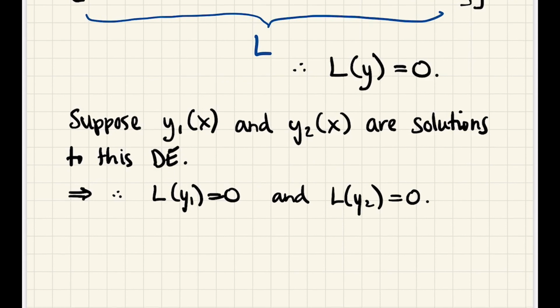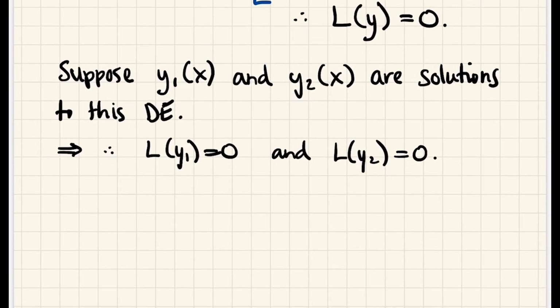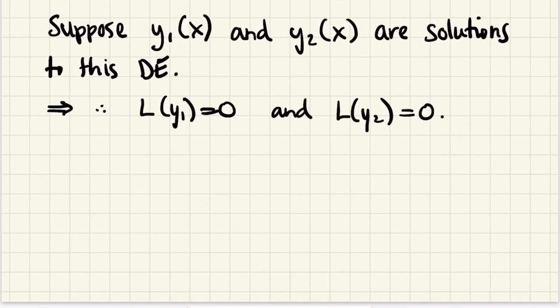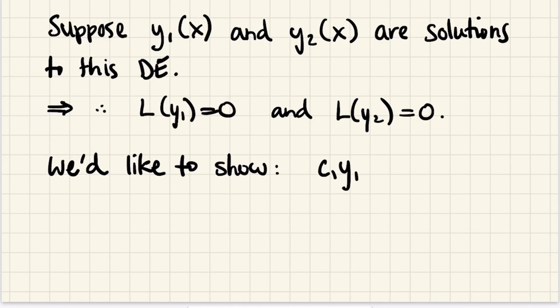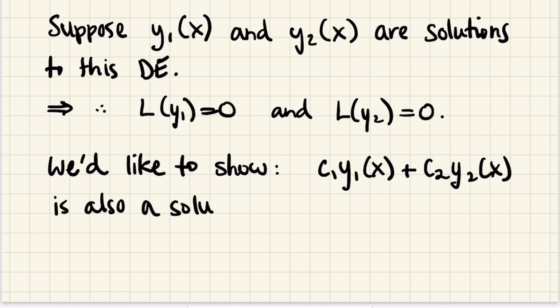Now what we'd like to show is that because we know y1 and y2 are solutions, any linear combination of y1 and y2 will also be a solution. So we'd like to show that c1 y1 of x plus c2 y2 of x is also a solution, with c1, c2 being arbitrary constants.